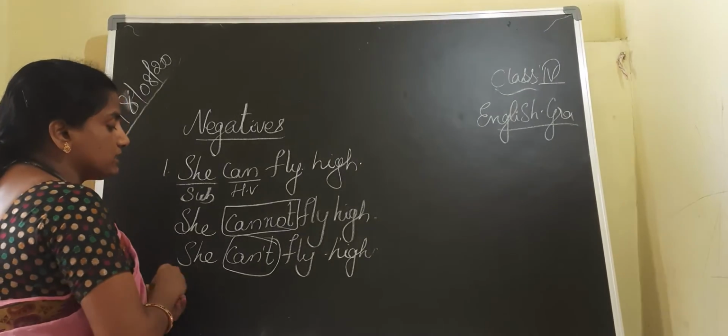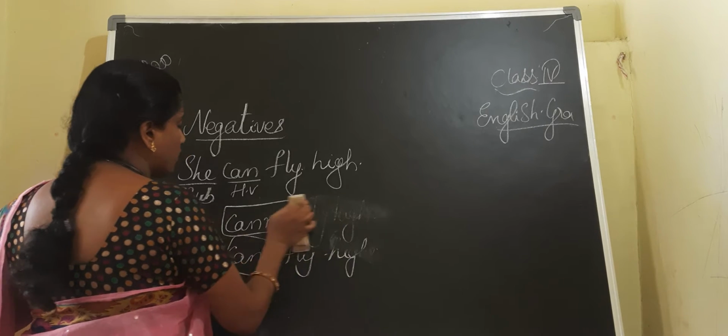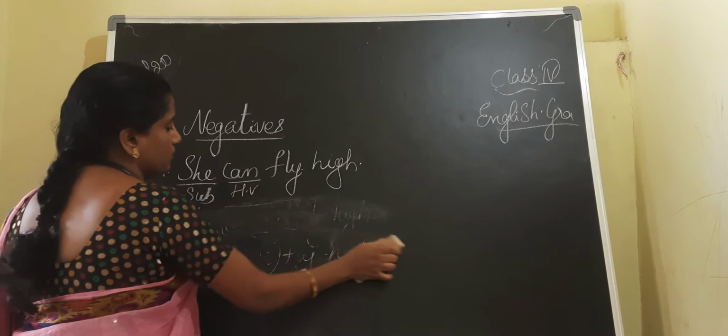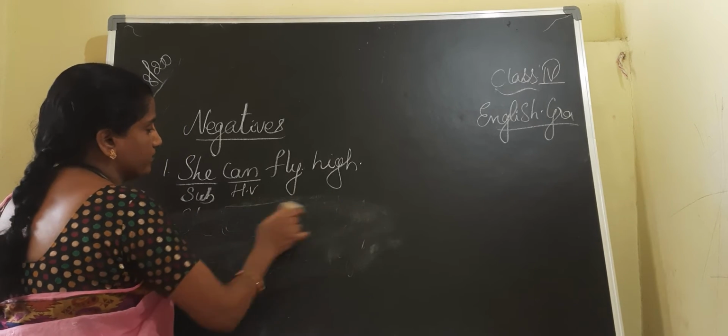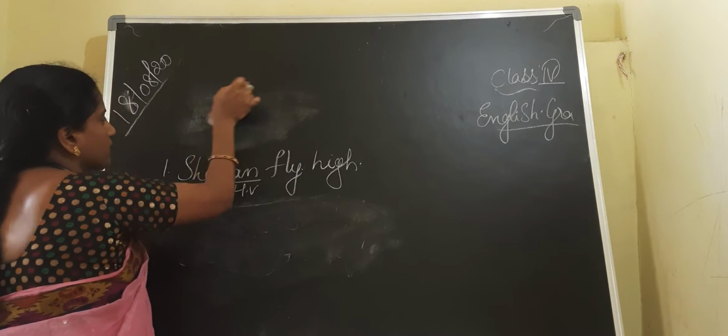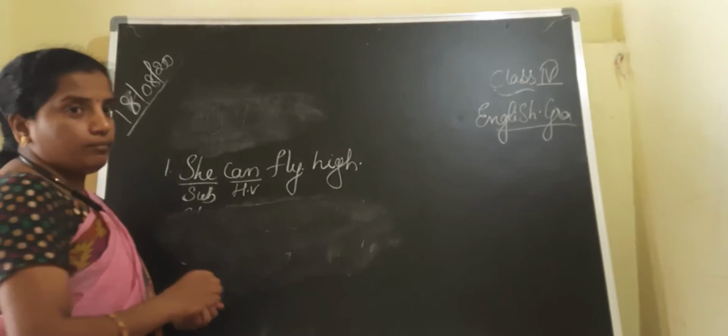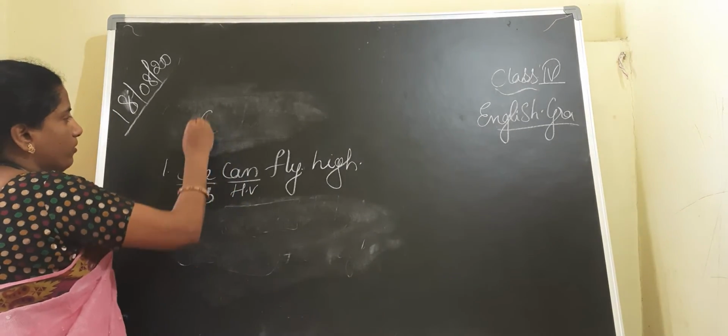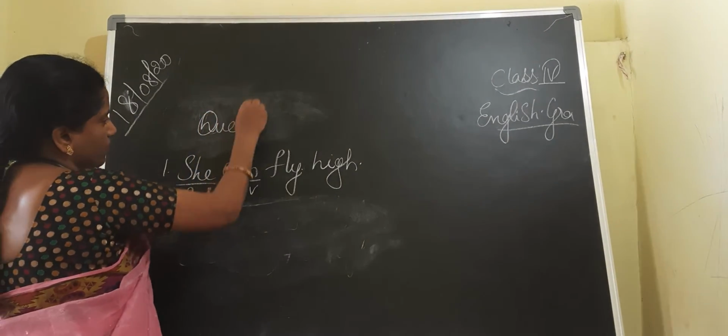Now let us discuss the question form of the given statement. Then we will go for the main verbs, and how to form the negatives when there is a main verb. See, children, the question form.